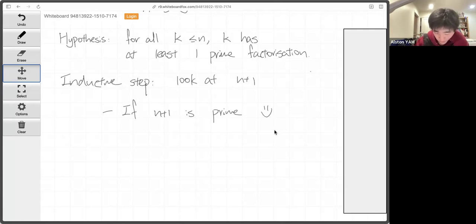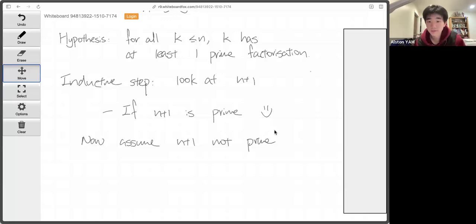Now assume n plus 1 is not prime. Then that means n plus 1 will have at least two other factors that are not 1 and itself, because that is the definition of a composite number.